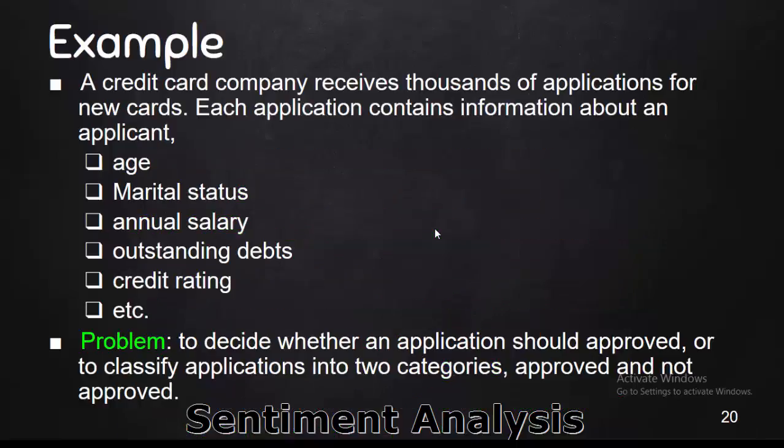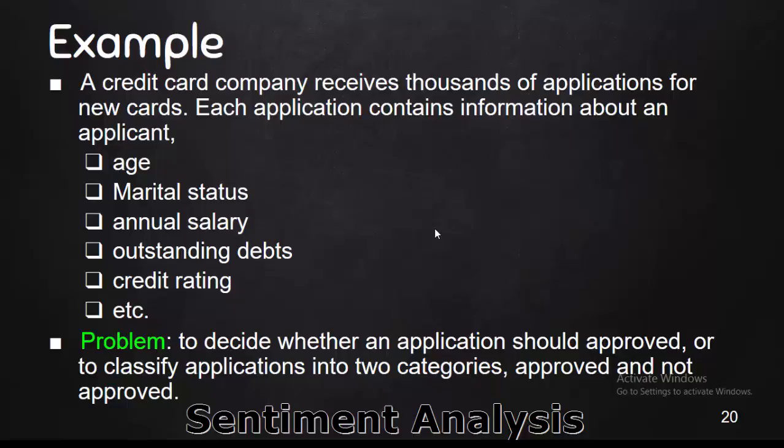Let me show you one example. One credit card company received thousands of applications for a new card. Each application contains a few pieces of information like age, marital status, annual salary, outstanding debts, credit rating. The problem is to decide whether an application should be approved or not, that is, to classify applications into two categories.